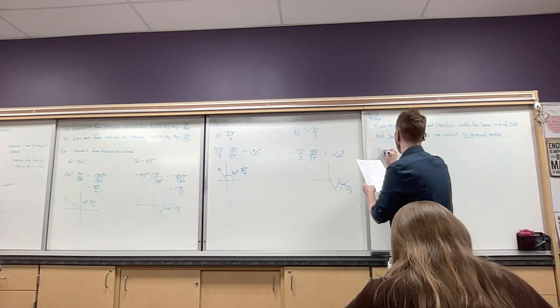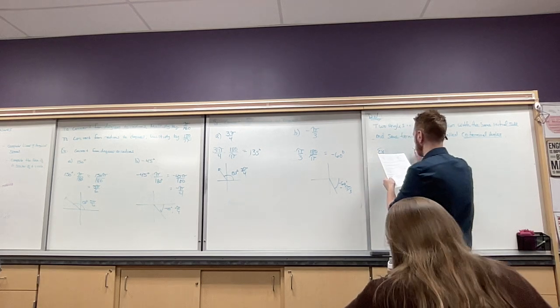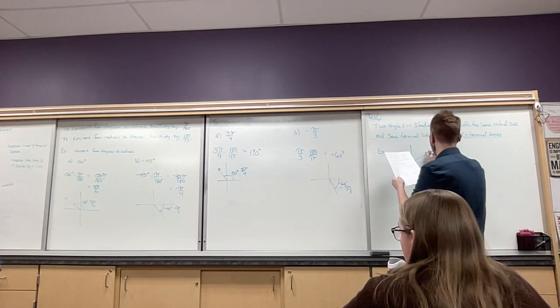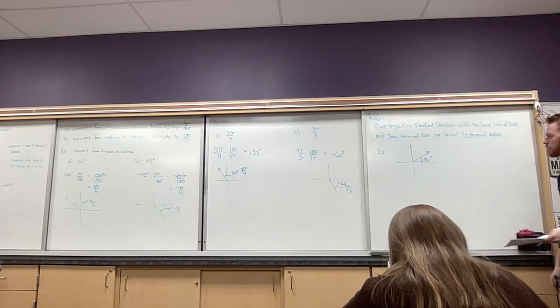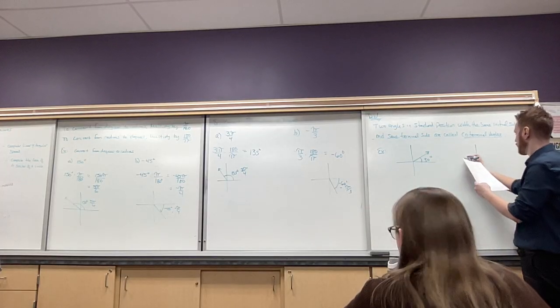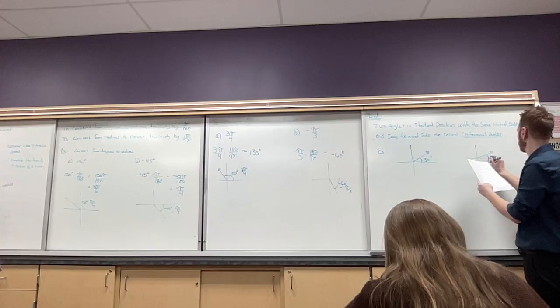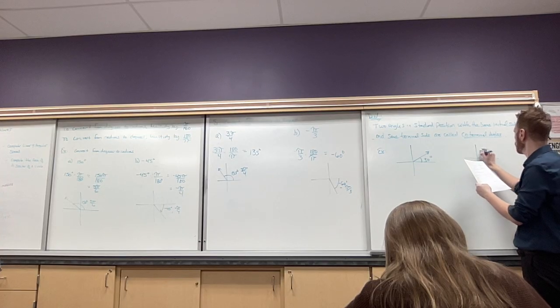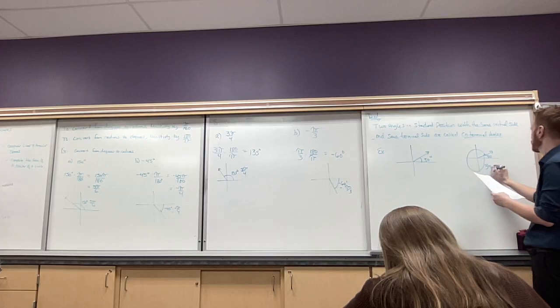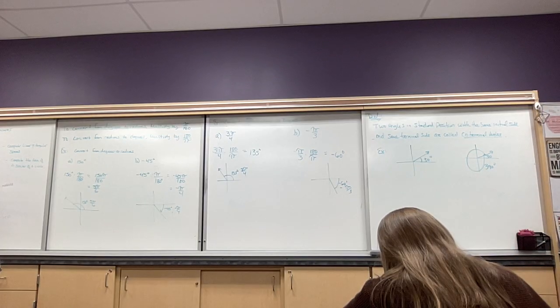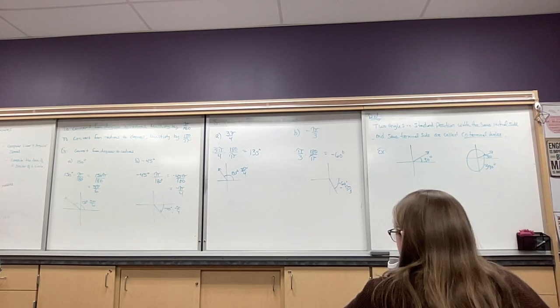So for example, let me just draw this underneath it. Let's say you had 30 degrees. Well, if I take that 30 and rotate it a full 360, I get back, that's going to be what, 390 degrees? And would that get me back to where I started?